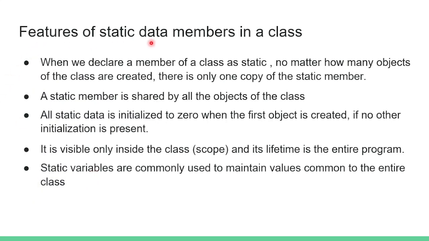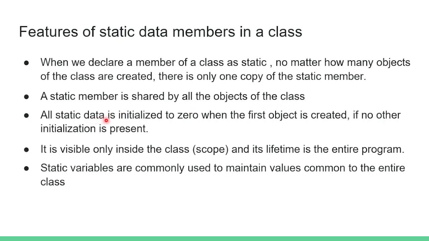Features of static data members of a class. When we declare a member of a class as static, no matter how many objects of the class are created, there is only one copy of the static member. The static member is shared by all the objects of the class.